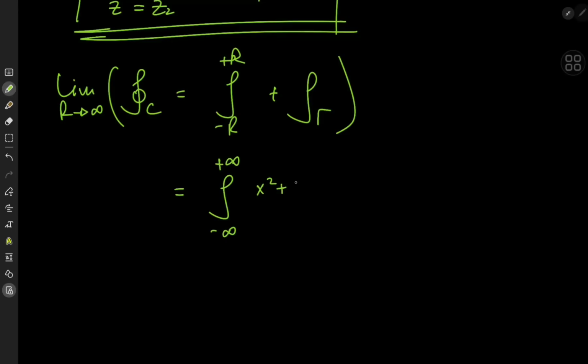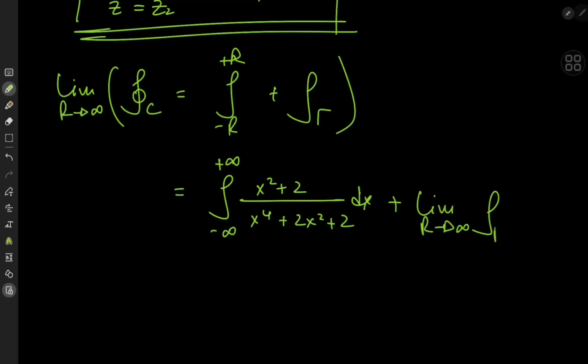So we have x squared plus 2, or t squared plus 2, depending on whether you call the real axis the x-axis or the t-axis, it doesn't matter. It's just a dummy variable. And we have x to the 4th power plus 2x squared plus 2 dx plus this integral over the semicircular arc, the limit as r tends to infinity of the integral over the semicircular arc gamma, that is.